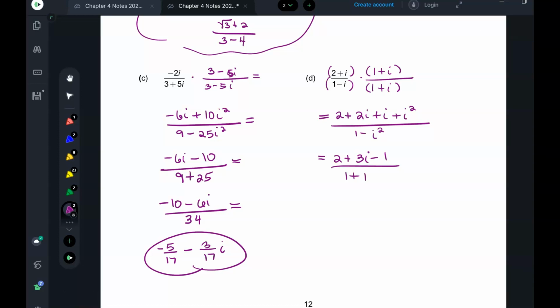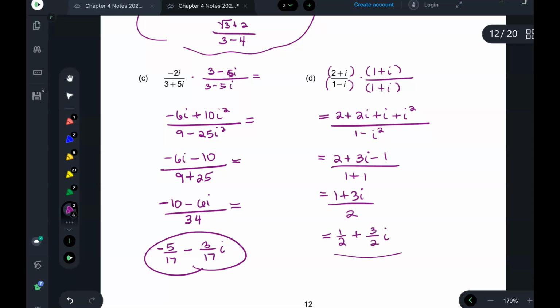So I could combine 2i and i to make that 3i, right? Look good? Okay, and then what? 2 in the bottom. So I have 1 plus 3i over 2, so 1/2 plus 3/2 i.